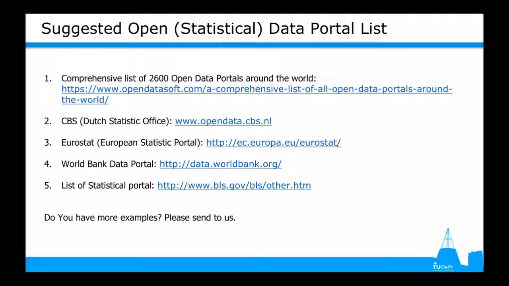The World Bank data portal has almost everything about the whole world. And finally, a list of statistical portals. This is a North American website, but we also have other statistical links there. If you have more examples, please send them to us. Then we can improve this list.